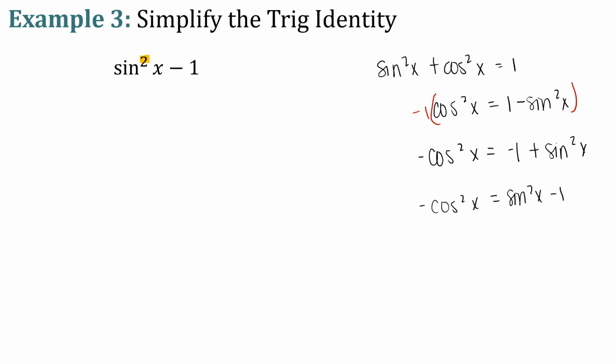So now I know that I can rewrite, because this line matches this line, I can replace it with negative cosine squared x. And so that is my trig identity simplified. Well, I don't want to write it in green. I want to write it in black. So there is that one.